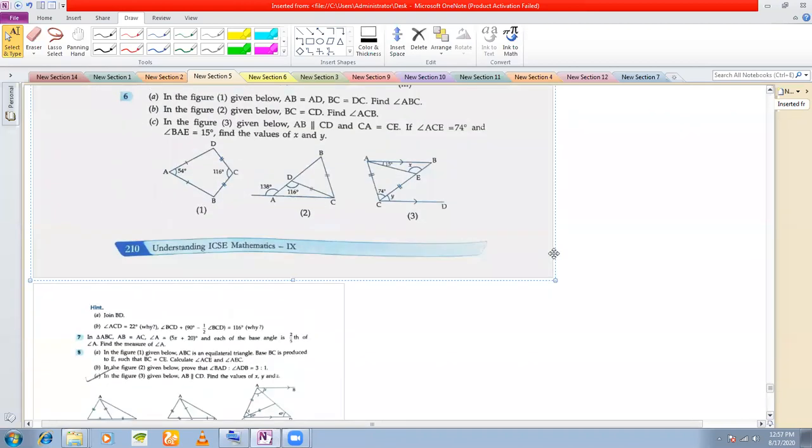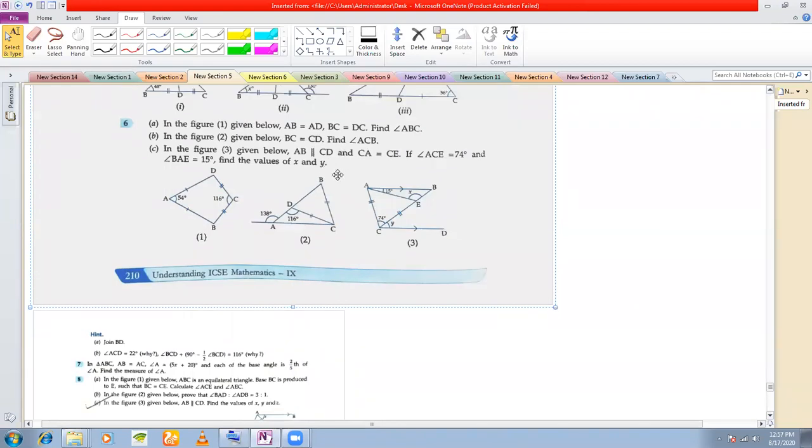Okay. So look at this figure. In this figure given below, BC is equal to CD. That means these two sides are given to be equal. Find angle ACB. You need to find this angle ACB. Okay. So how will you find? Any ideas?